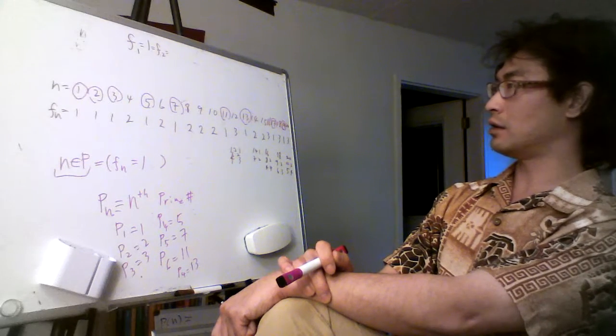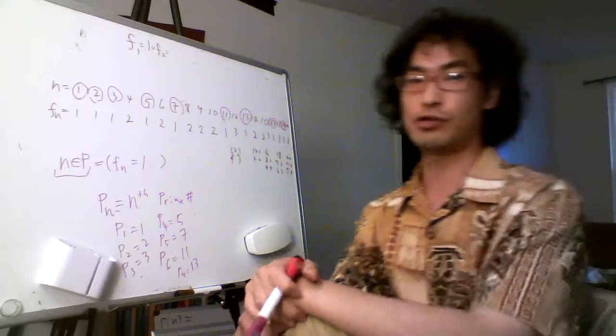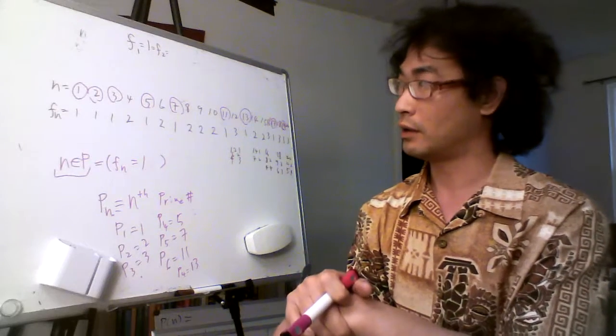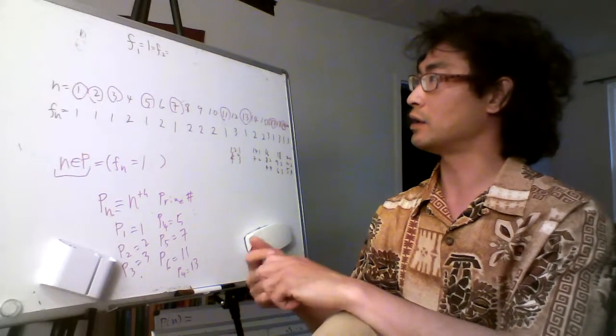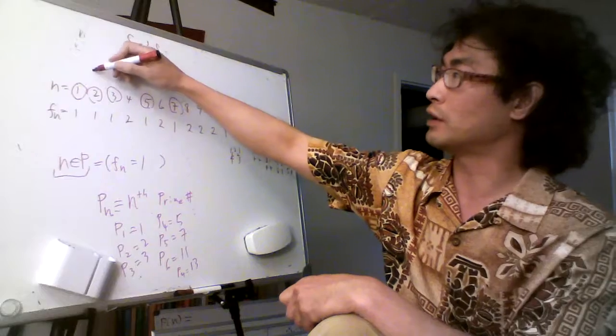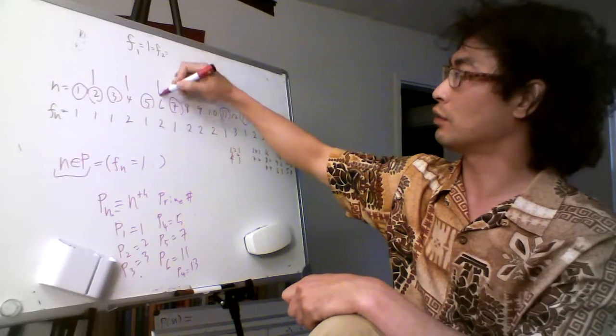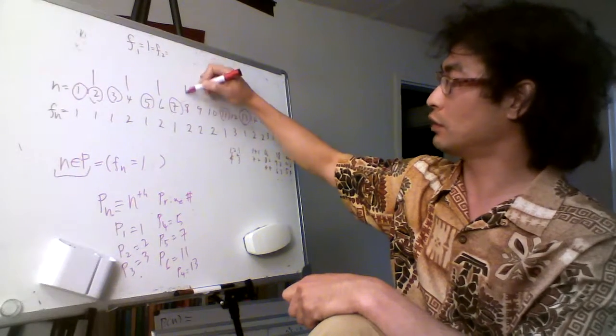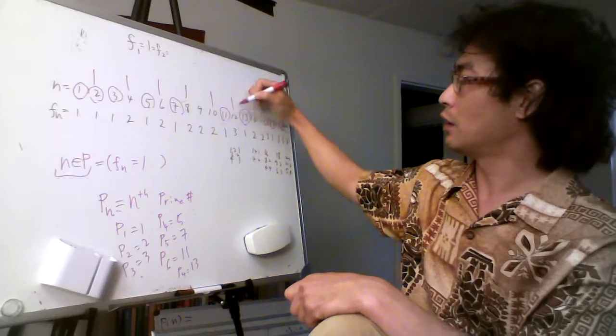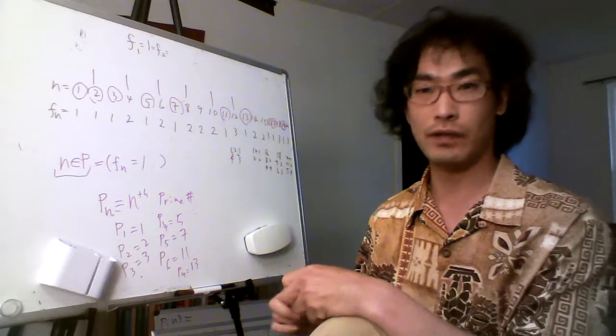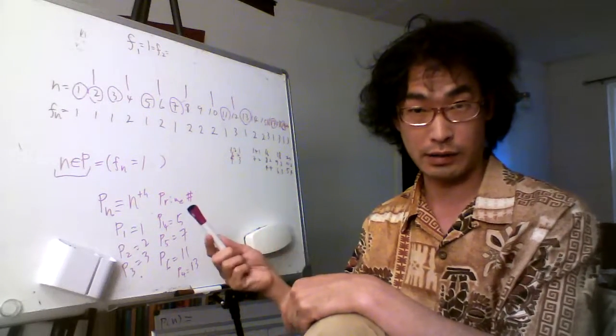And then there's this density distribution. What I mean by that is you have multiples of two, like here, here, here, here, here.